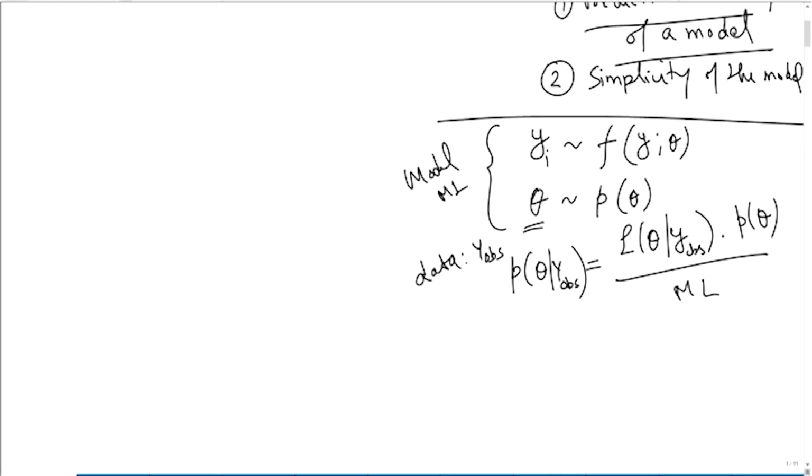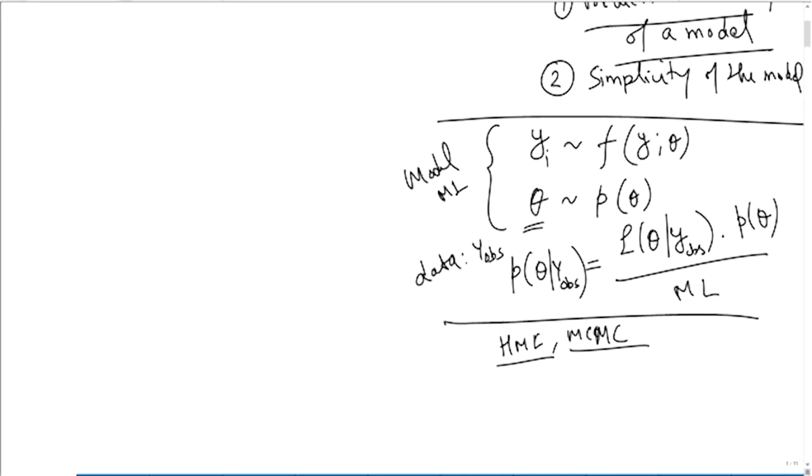This is how we obtain the posterior distribution of theta. So, let us say by applying some algorithm, Hamiltonian Monte Carlo or MCMC, we obtain the posterior distribution of theta.